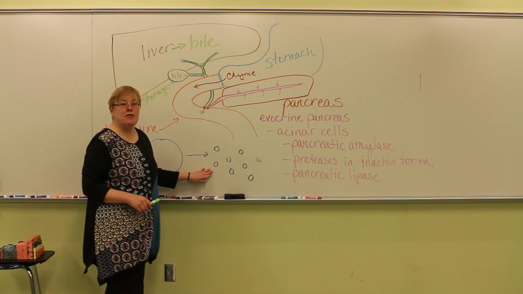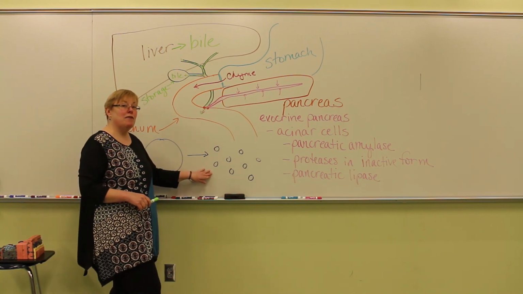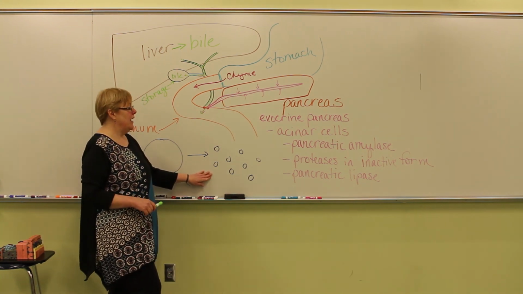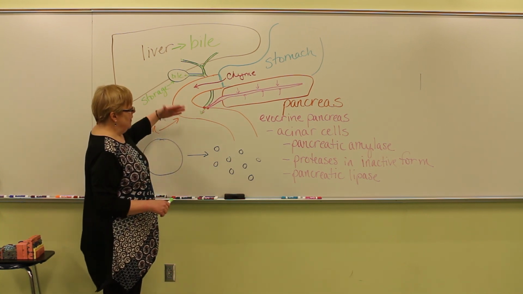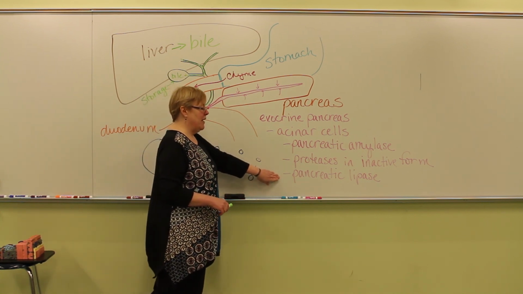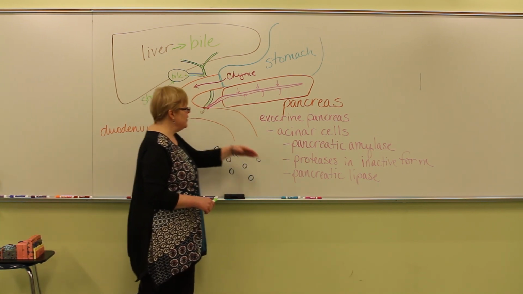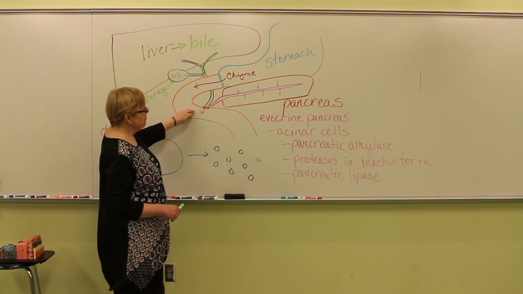So more efficient chemical digestion, and emulsification is another form of mechanical breakdown. Now, once the lipid is emulsified, then the digestion by pancreatic lipase will be very efficient, so we'll get good digestion of lipids in the duodenum.